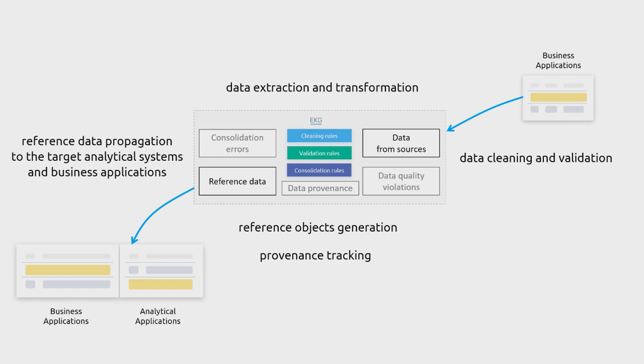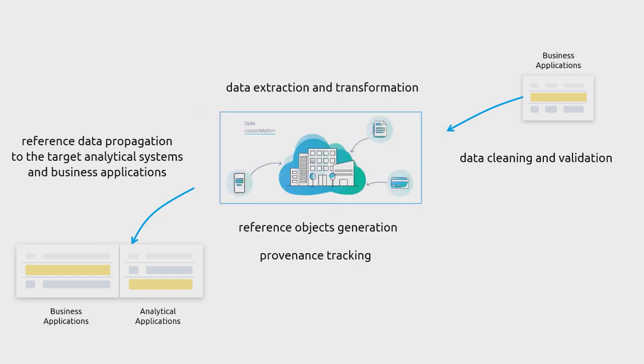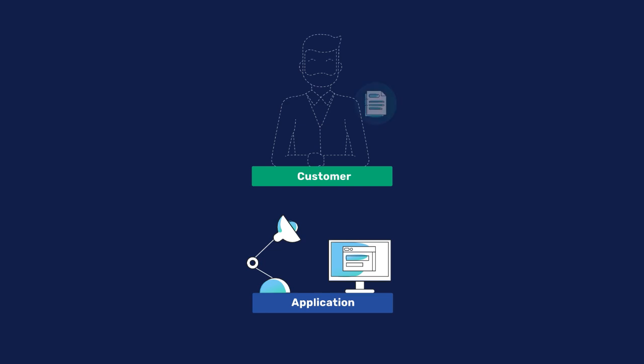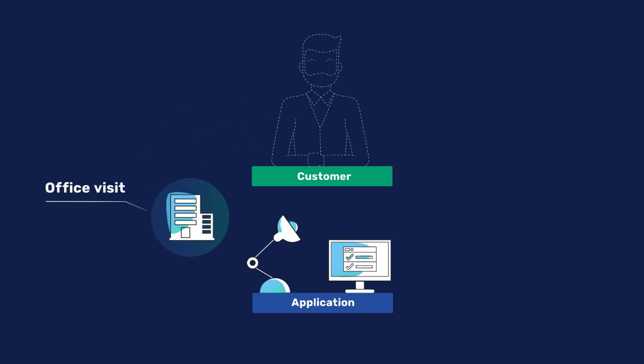The result is a reference data set suitable for supporting operational business processes and generating insightful analytics. The platform can consolidate data on various business objects, such as the customers or the assets.